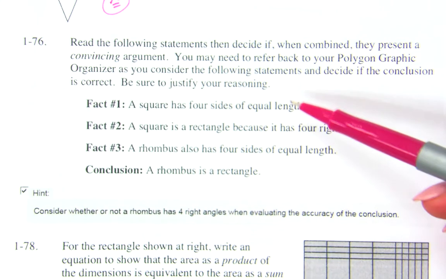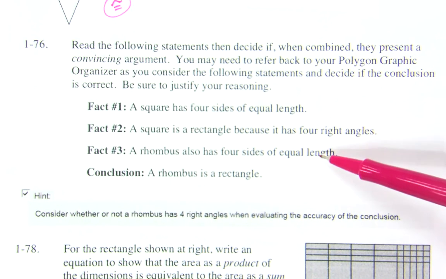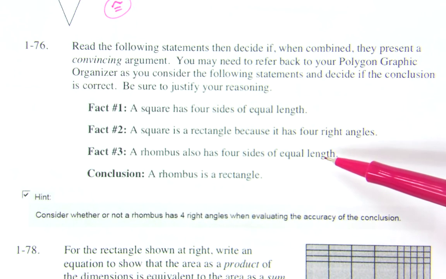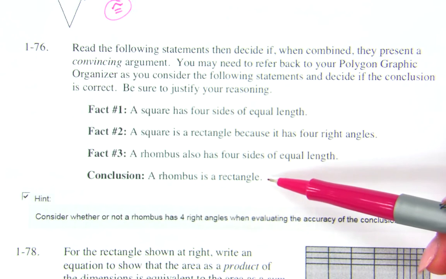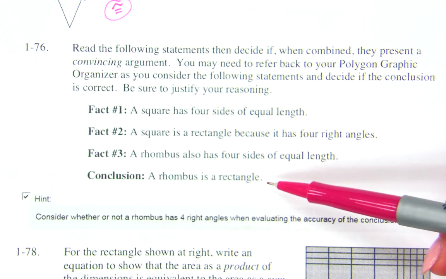A square has 4 sides of equal length. That's also true. A rhombus also has 4 sides of equal length. That's also true. Okay, so does that mean that a rhombus is a rectangle? Not really. A rhombus is not a rectangle. It doesn't come from that category.